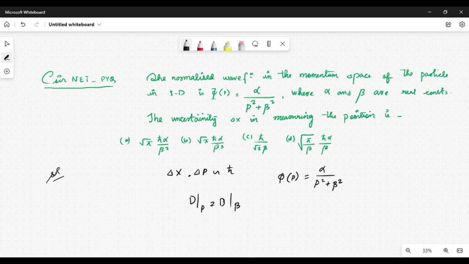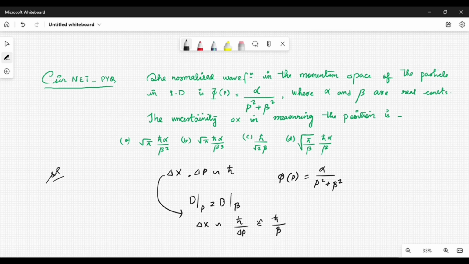So now I have to find delta x, right? Delta x, the uncertainty in x, is h cut by delta p. Now p has the dimension of beta, that means this should be of the order of h cut by beta, right? Now look at the options.